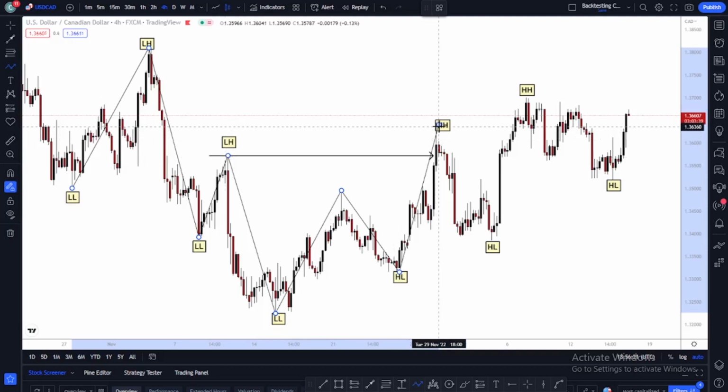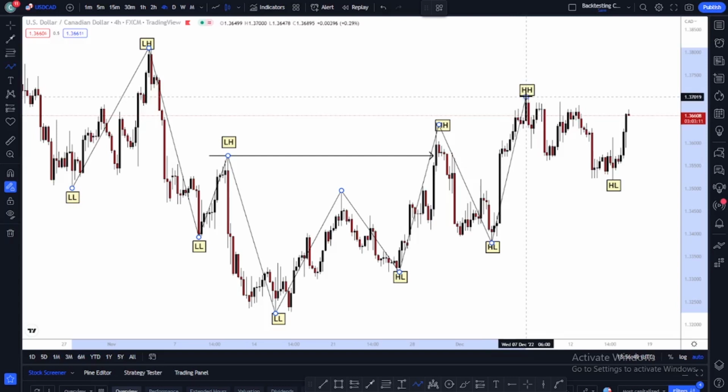Do you get me? So after price created this higher high, what did it do next? It comes back down to create a new higher low. After it creates this higher low, what did price do again? It continued back up to create a new higher high. Why?